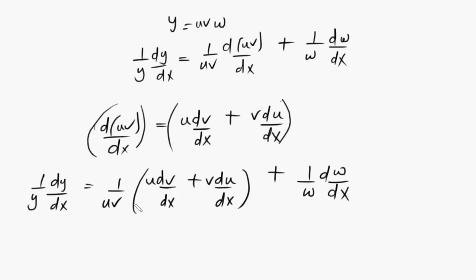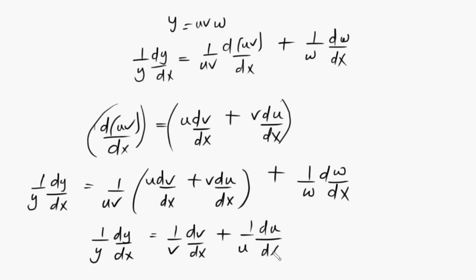Here it is. So now let's substitute. So what do I get? I get 1 over y dy dx. Okay, so taking this times this, u and u cancel, and I remain with 1 over v dv dx plus, and v and v cancel, I remain with 1 over u du dx plus 1 over w dw dx.